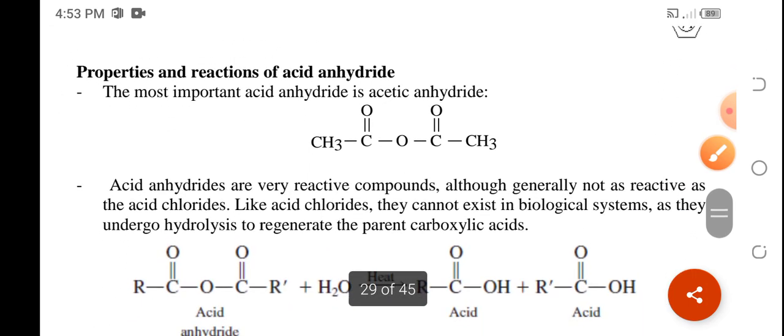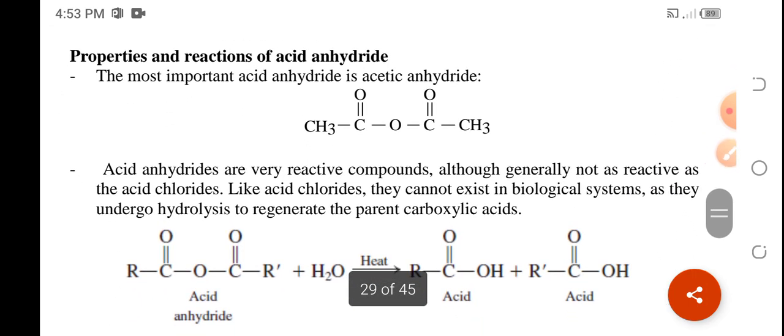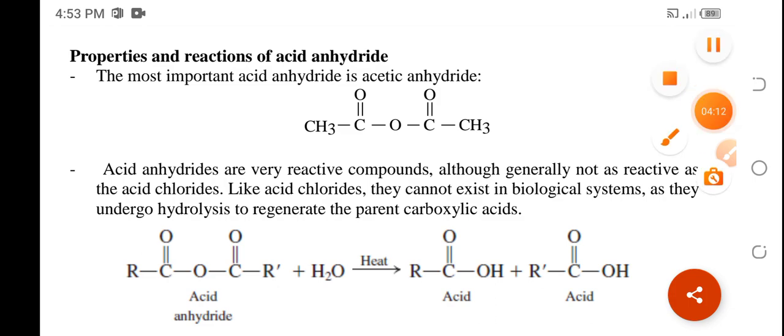Okay. What are the properties of these acid anhydrides? The most important acid anhydride is acetic anhydride. Acetic anhydride is very useful as a raw material for cellulose acetate fibers and plastics. So that's why it is the most important.